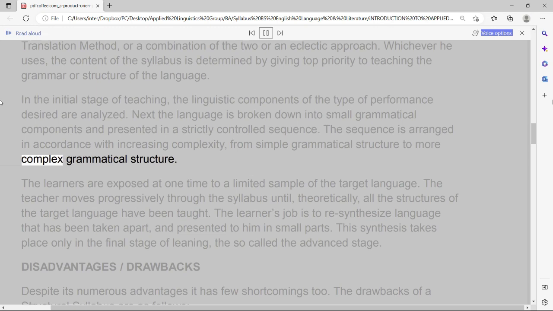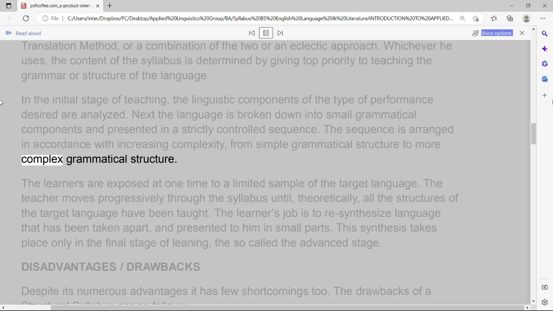The learners are exposed at one time to a limited sample of the target language. The teacher moves progressively through the syllabus until, theoretically, all the structures of the target language have been taught. The learner's job is to resynthesize language that has been taken apart and presented to him in small parts. This synthesis takes place only in the final stage of learning, the so-called advanced stage.